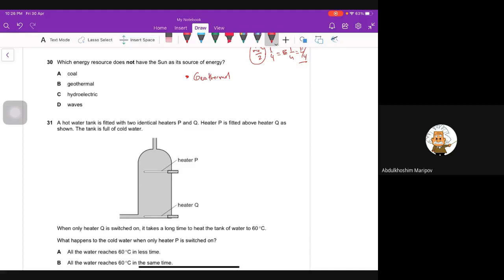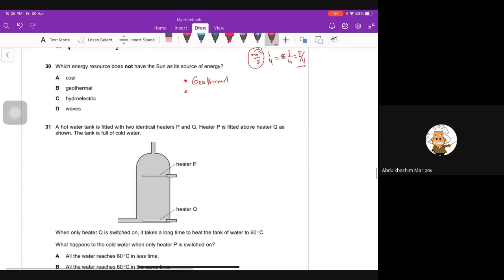So nuclear energy is also not from the sun, and the tidal, okay? This comes mainly from the gravitational attraction of the moon, right? So all of this does not come from the sun. So which one is here? Geothermal, simply, right?